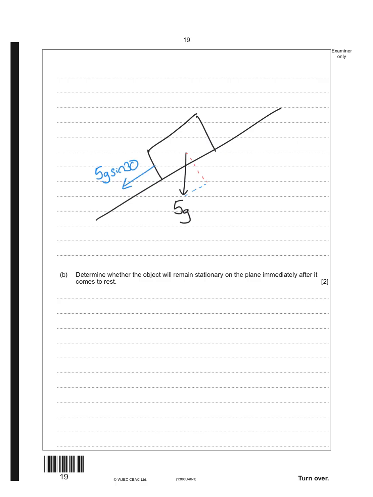Now if this was a smooth plane, this thing would absolutely definitely move because we've got nothing stopping it moving down the slope. It's just going to have a component of its weight putting it down.